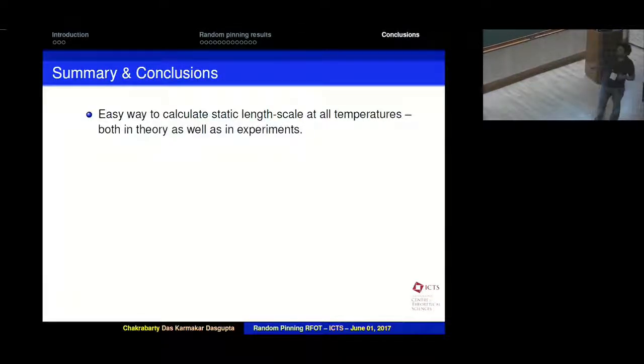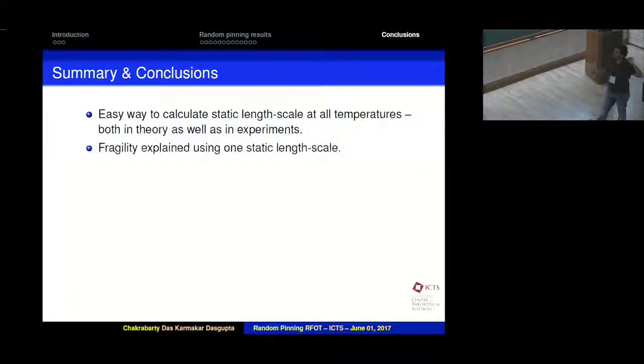What I have talked about is that there is an easy way to calculate the static length scale which works at all temperatures, and it's not very hard to do, provided you can do the unpinned simulation at that temperature. It's very easy to get the static length scale at any temperature you want. Then what is also shown is that if you know the static length scale in the system, the fragility of the liquid can be explained.